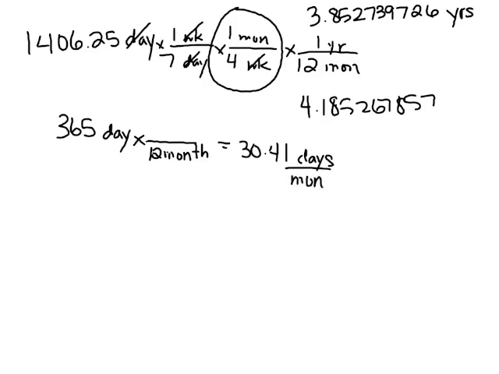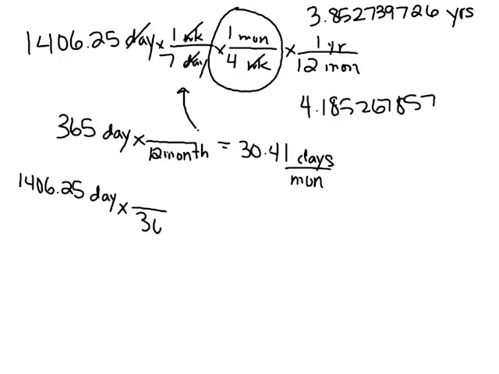Okay, so now let's go back and put this into this formula. 1406.25 days, converting to years. I think we have to go days straight to months. Let's go days straight to months. So days on top or bottom?